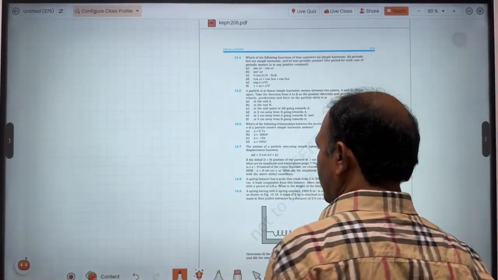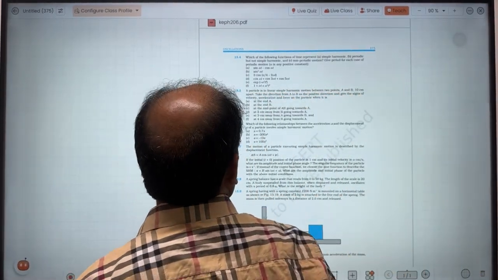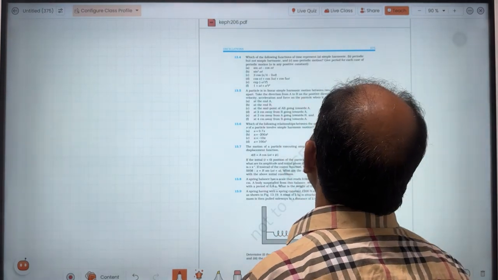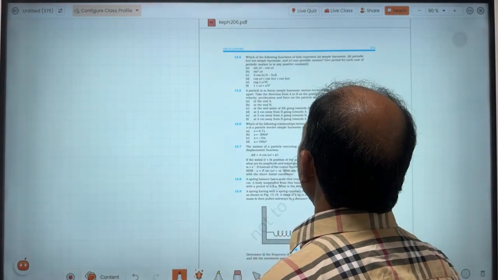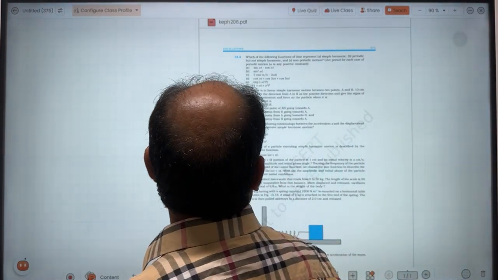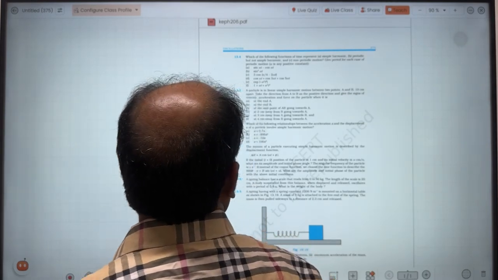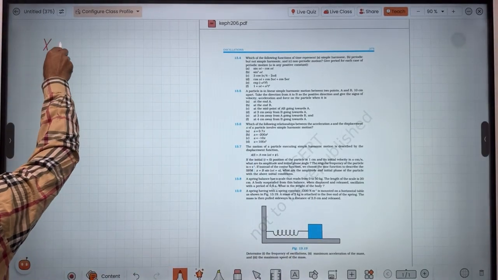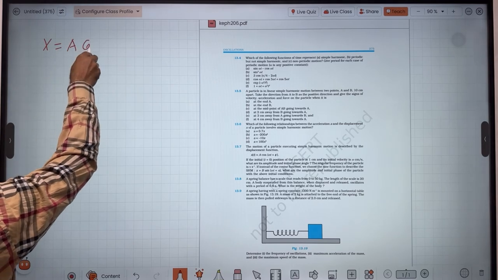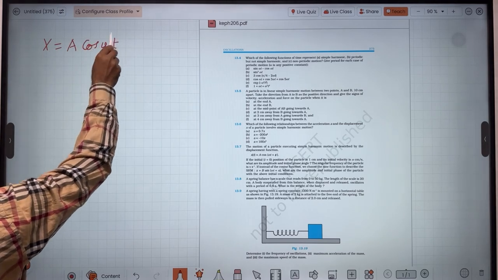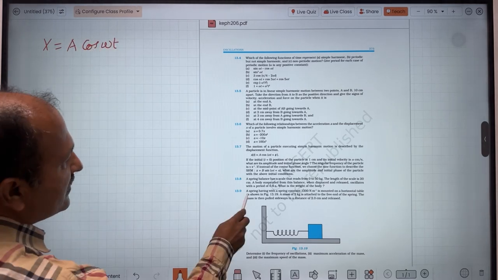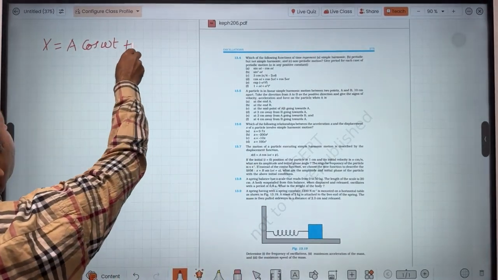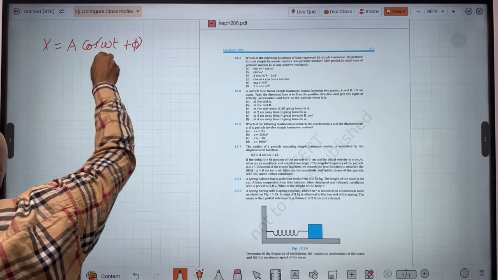What is next question? Next question says, the motion of a particle executing simple harmonic motion is described by the displacement function x t a cos omega t. We are given x equal to a cos omega t plus phi, right?